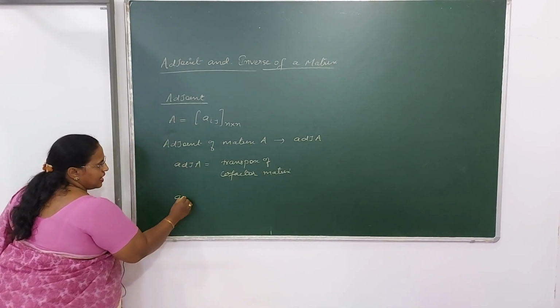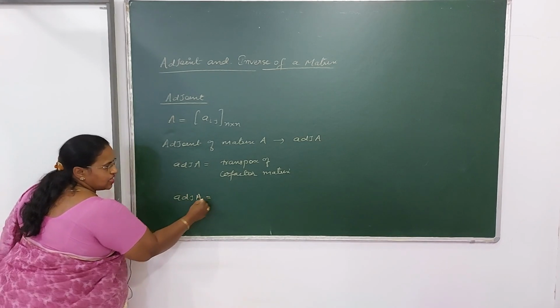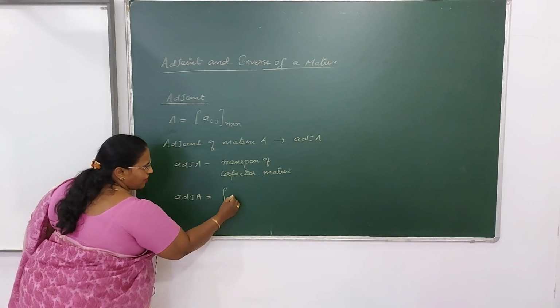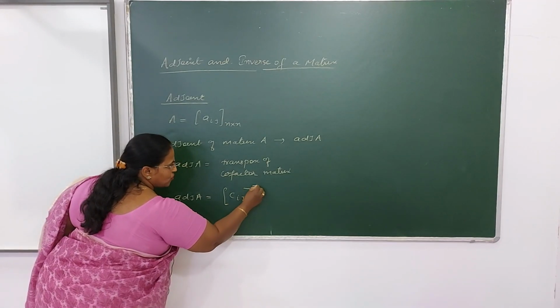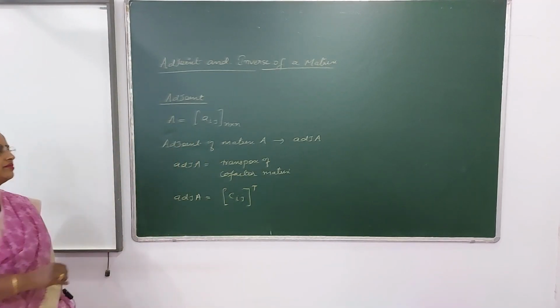That means adjoint of A is equal to the cofactor matrix, denoted by Cij, and then get the transpose of this.